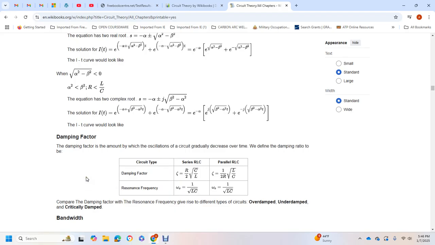We define the damping ratio of the series RLC circuit as R over 2 times the square root of C over L. For parallel RLC, the damping ratio is 1 over 2R times the square root of L over C. The resonant frequency for series RLC is 1 over the square root of LC, and for parallel RLC the resonant frequency is also 1 over the square root of LC.